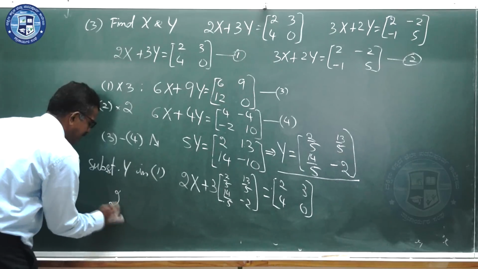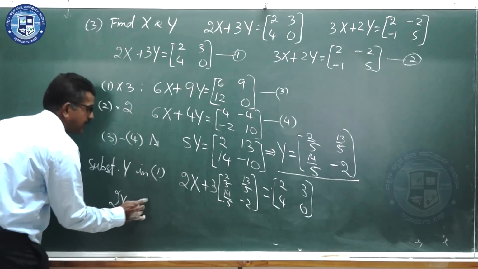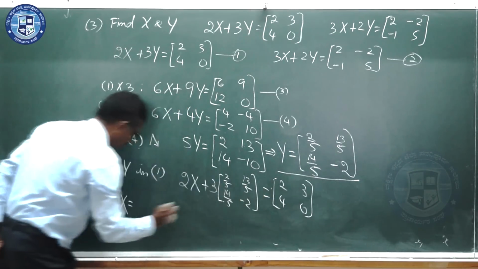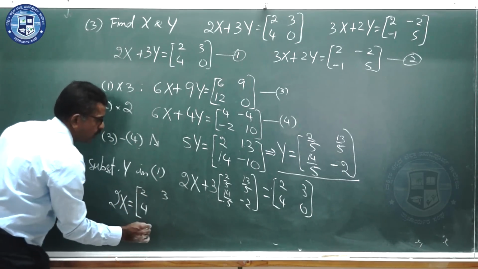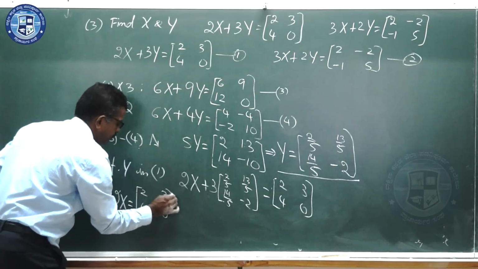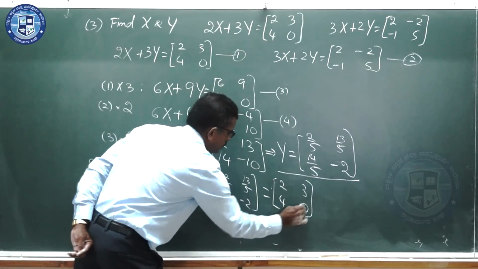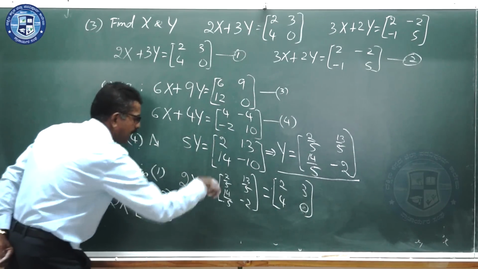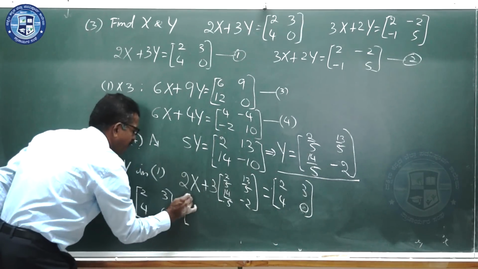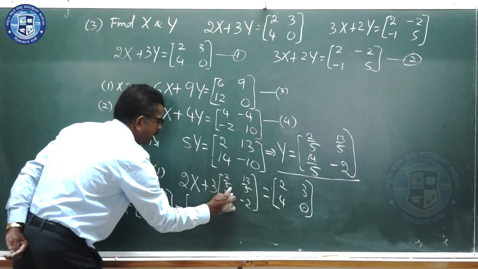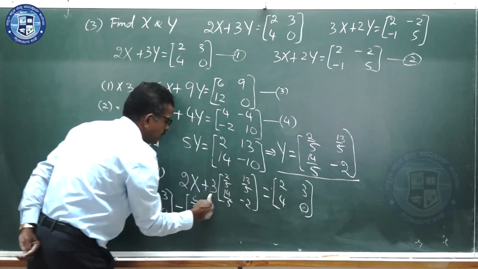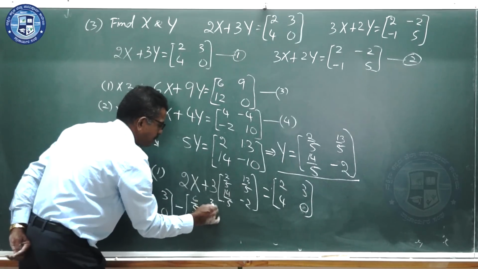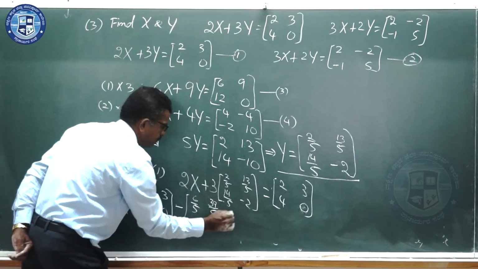So therefore 2x will be equal to, so what is 2x here? Carrying this to the other side, we get here 2, 3, 4, 0, minus, let me simplify and write, what is 3 into 2 by 5? It is 6 by 5. Then 3 into 13, it is 39 divided by 5.